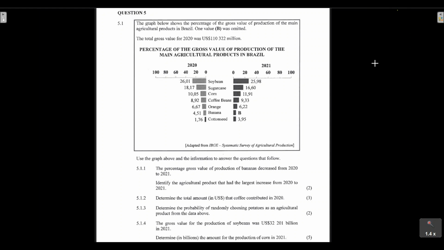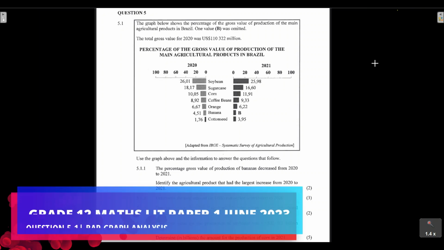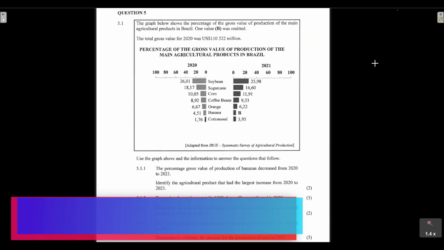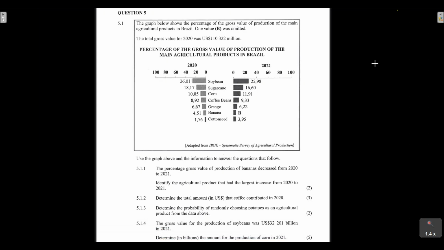On today's video tutorial, we are still going through the grade 12 mathematical literacy paper 1 that was written in June 2023. In this video tutorial, we're going to be tackling question 5.1, and here we're basically analyzing this bar graph. So it's under the umbrella of data handling.